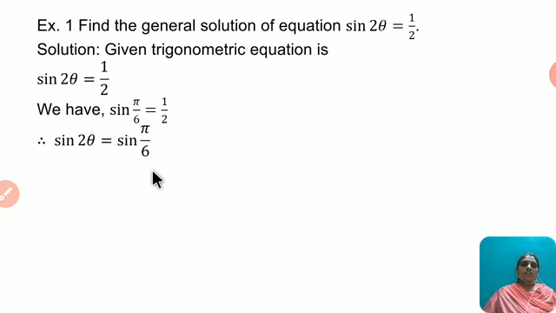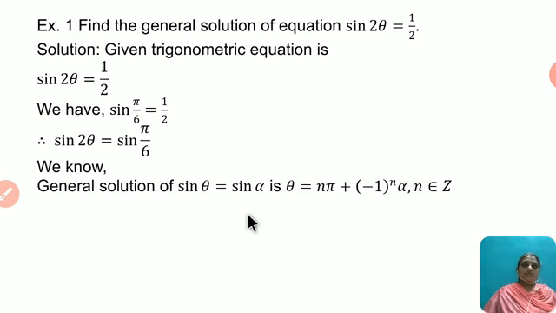Now we know that the general solution of sin theta is equal to sin alpha is theta is equal to n pi plus minus 1 raised to n into alpha, where n belongs to z. If we compare this sin theta is equal to sin alpha to sin 2 theta is equal to sin pi upon 6, we get theta is here 2 theta and alpha is pi upon 6.